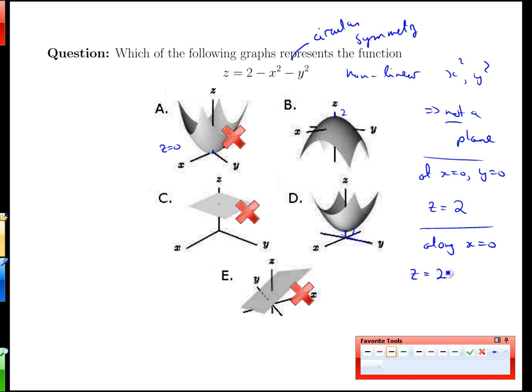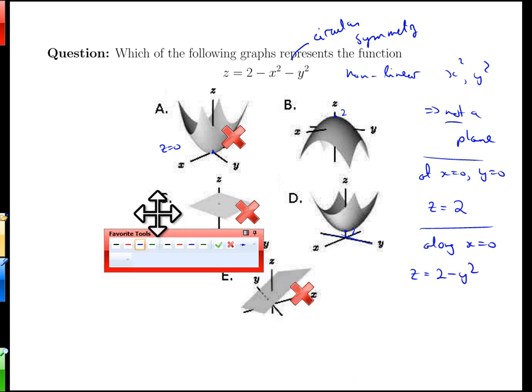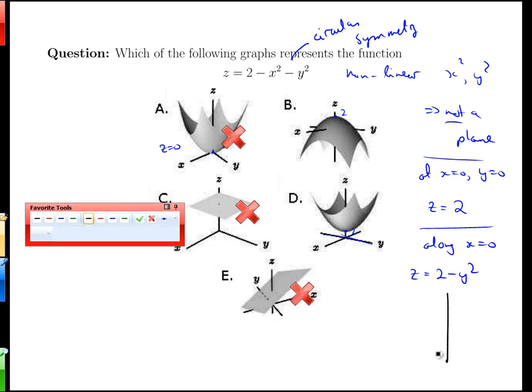We get z equals 2 minus y squared. And we can quickly sketch that out. In the yz plot, 2 minus y squared is a parabola that starts at 2 and opens downwards. And so the only possible choice that fits all those criteria, circular symmetry, nonlinear, and a positive z coordinate at the origin of x and y, is going to be B. And it can't be D then.